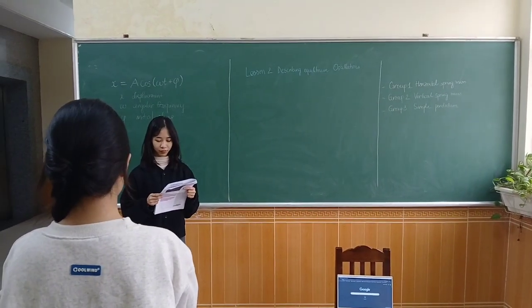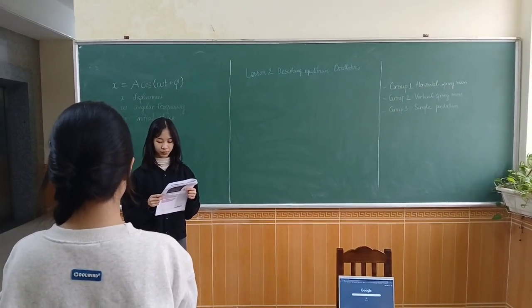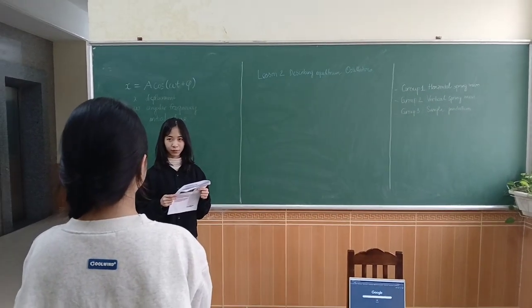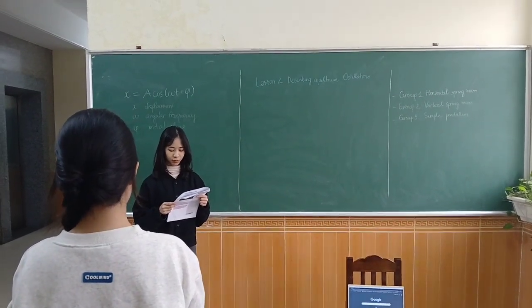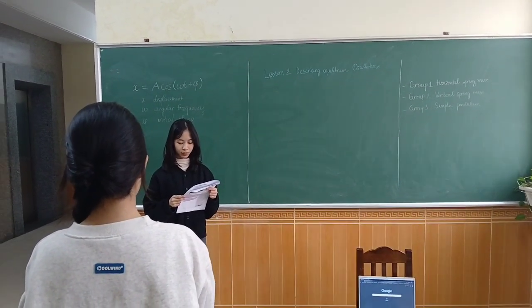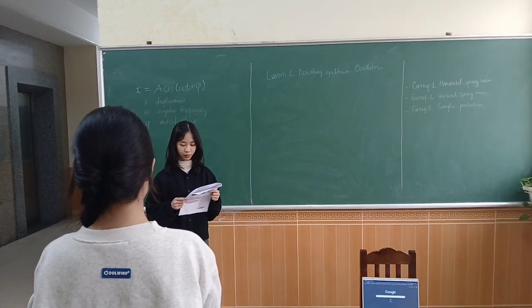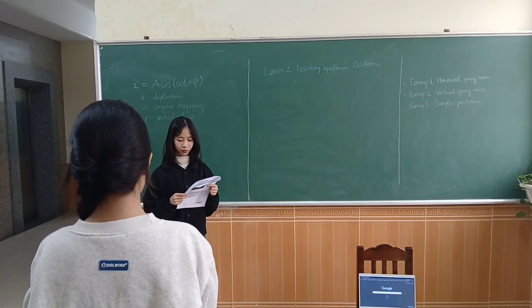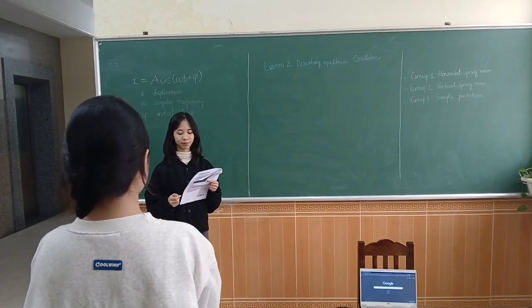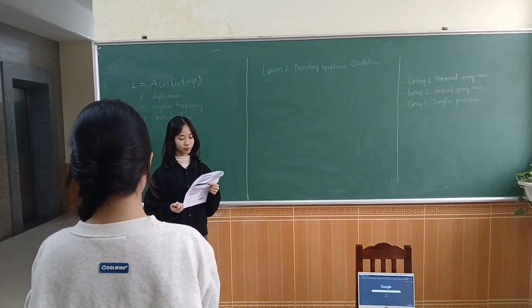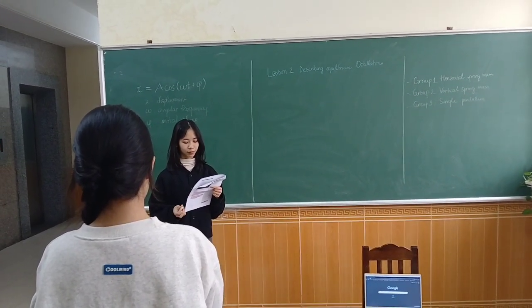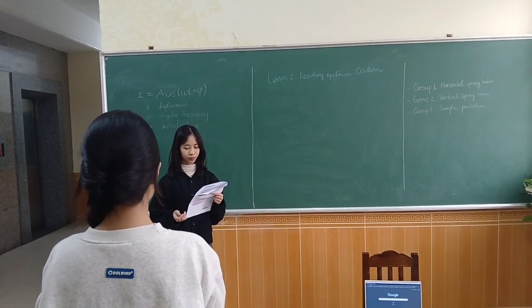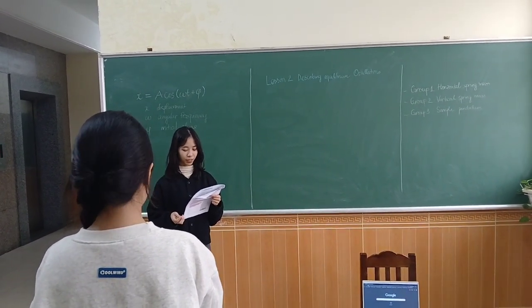As for frequency, as I have learned, frequency is the inverse of the period, and based on the definition in the textbook, I have concluded the number of oscillations performed in 1 second is called the frequency of the oscillation.